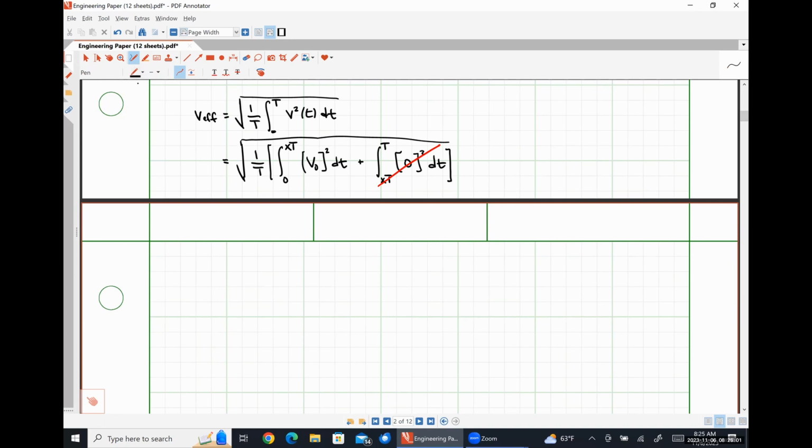What's the integral of V naught squared going to be? V naught doesn't depend on time at all, so we could actually take that out, right?